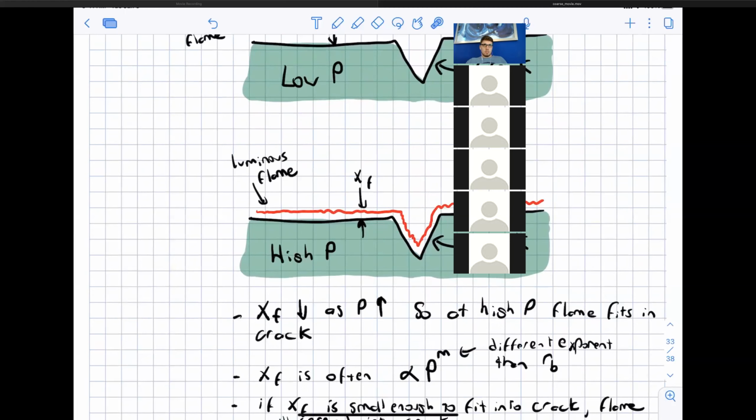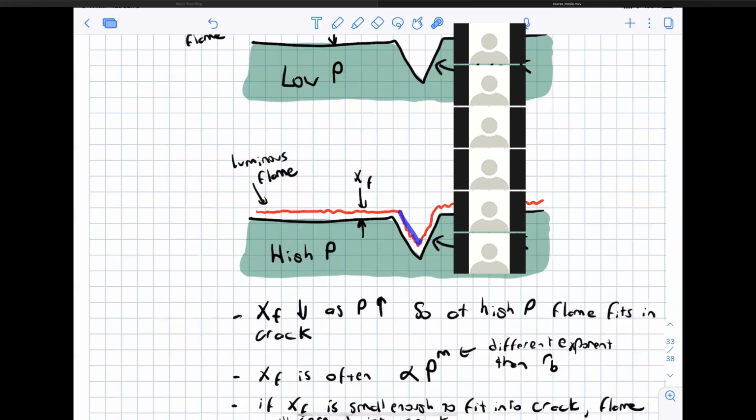And so at higher pressures, the flame is now very thin, and it can fit inside of the crack. And so from the point of view of the flame, where the standoff distance can be on the order of a micrometer or even less sometimes, this flame is now free to propagate inside of the crack.